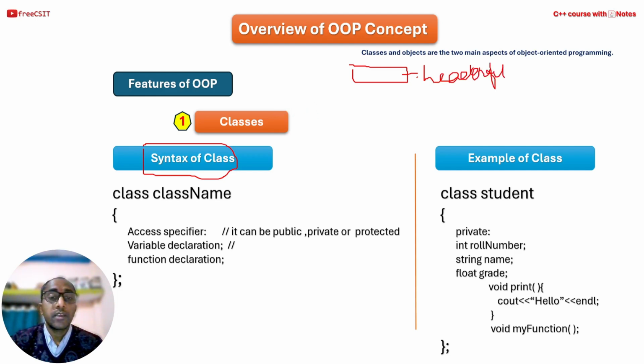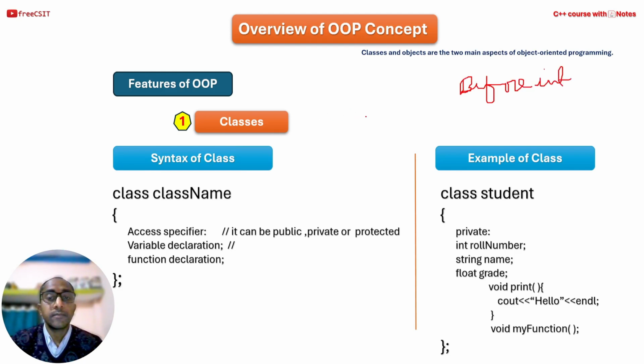Then, before int main, before the main function, we have to declare or create the class. So first we need to understand the syntax to create a class in the program.